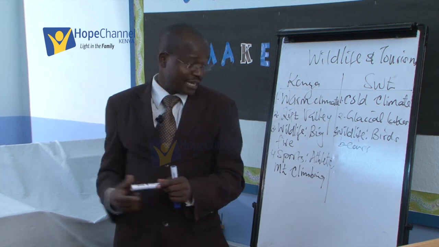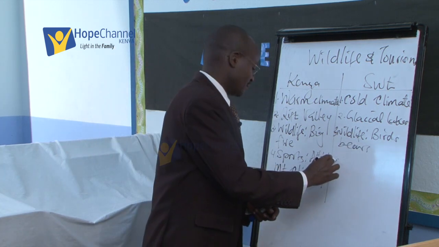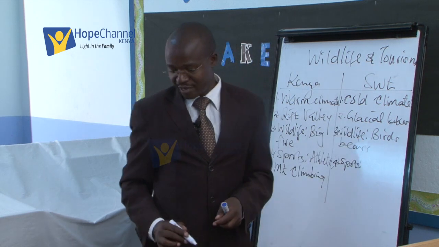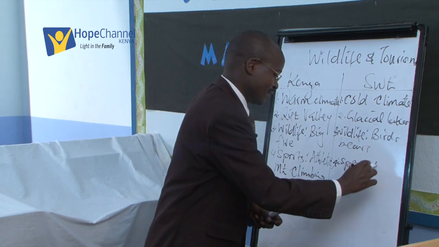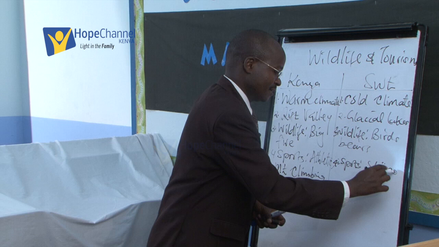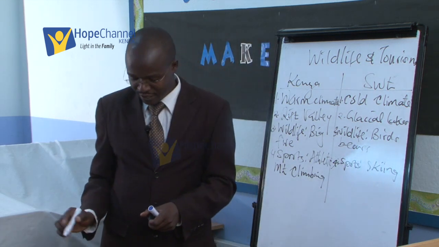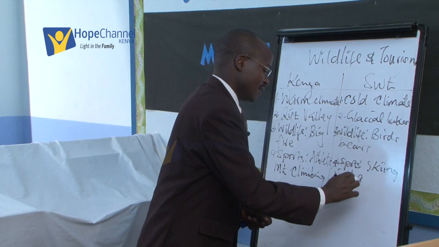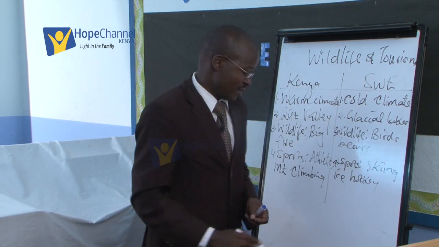Now, in Switzerland, the sports that we have there, that's number 4. The first one is what we call skiing. That's the first activity that we have there. We also have ice hockey, and then we have skating.